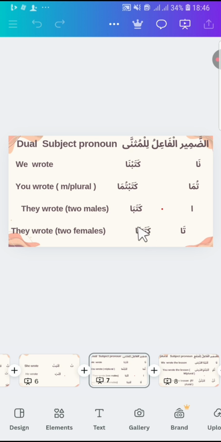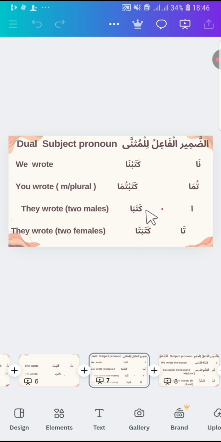Let's use kataba here for the males. We can say Muhammad and Yusuf, kataba, they wrote. But for the females, we say Khadija and Fatima, katabata, they wrote. Muhammad and Zaid, kataba, they wrote.